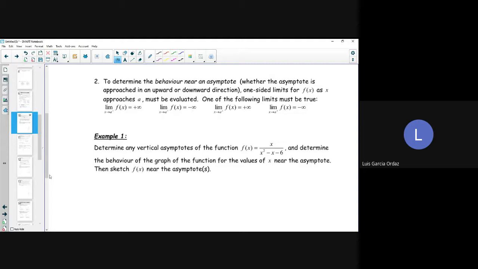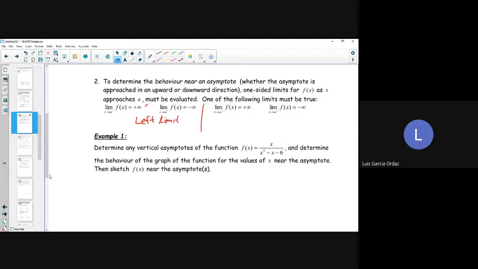So we would have the limit of f of x as x approaches a from the left is equal to positive infinity, or the limit as x approaches a from the left is equal to negative infinity. So you can have this as our left limit, and I'll show you what that means in the next example.